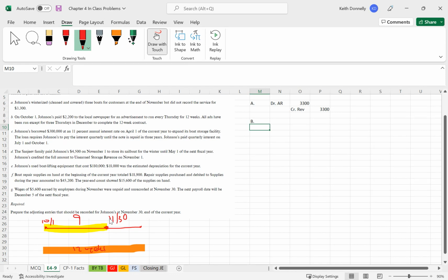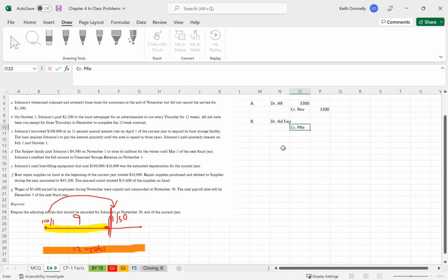Here we are at the end of the year, and we've got to catch that prepaid advertising expense up to here. So in this case we would debit advertising expense and credit prepaid advertising.